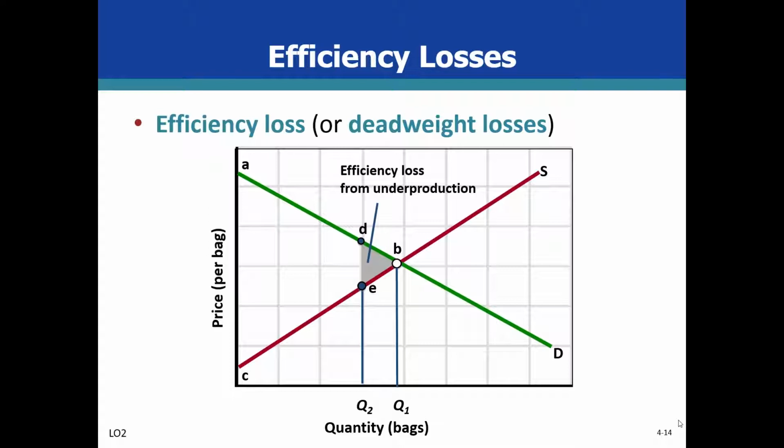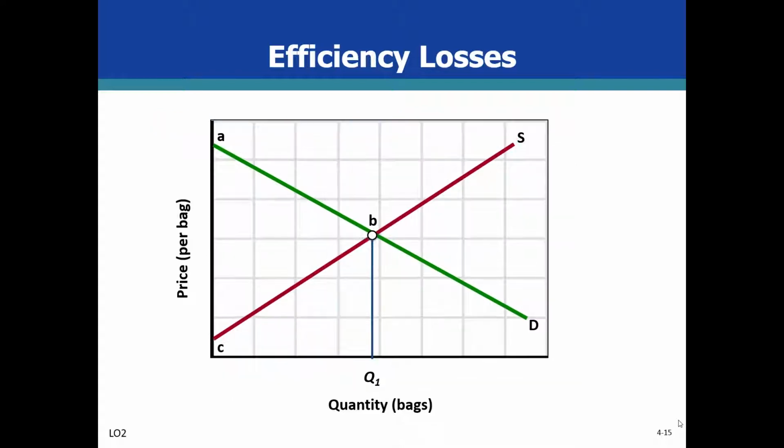There's also less consumer and producer surplus. If the market operates at Q3, there is also a deadweight loss from overproduction, represented by B, F, G.